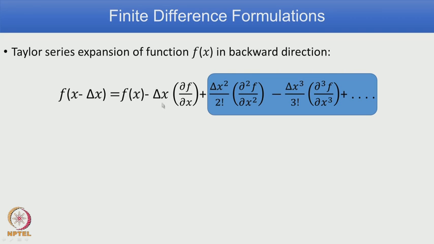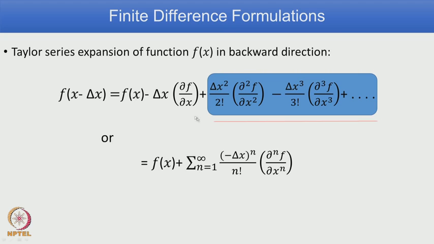And you have to notice that this is alternate sign with the delta x first term, then third term, and so on. As we did in the case of forward differential scheme, one can also write the entire expression in this format with summation sign going from n equal to 1 to infinity and minus delta x to the power of n by n factorial and all other higher order terms.